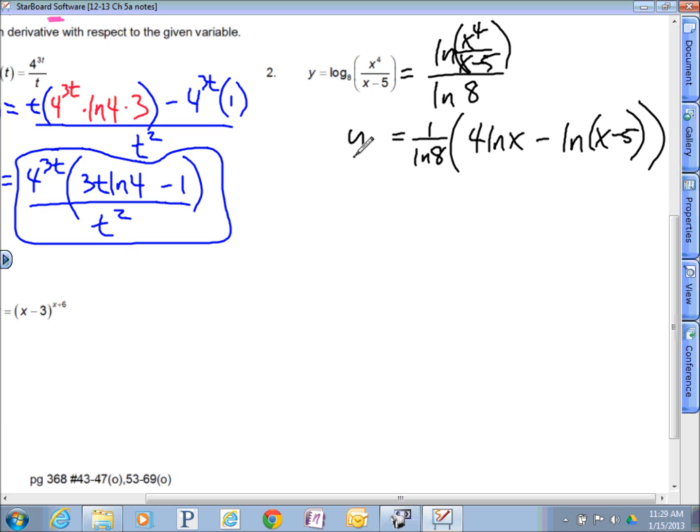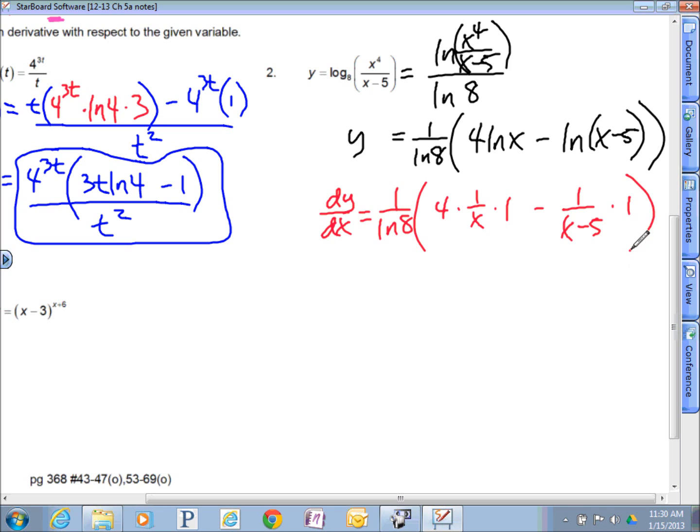It's going to have 1 over natural log of 8 in it, times the derivative of 4 natural log of x. That's 4 times 1 over x, minus the derivative of natural log of x minus 5, 1 over x minus 5 times 1. Derivative is a piece of cake.